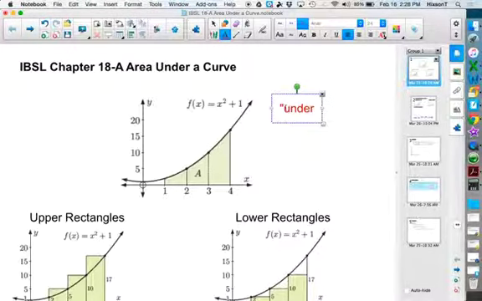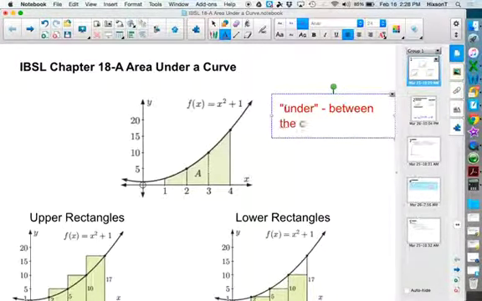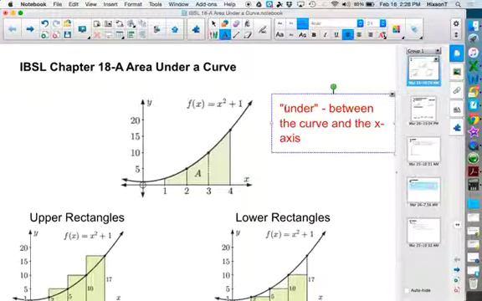So under means between the curve and the x-axis, okay? Now that's important to recognize because if you have part of your curve that's below the x-axis, we actually would consider the area above it and underneath the x-axis to be negative area.